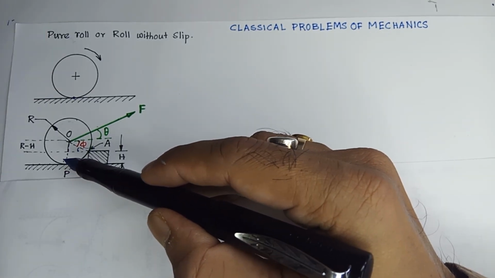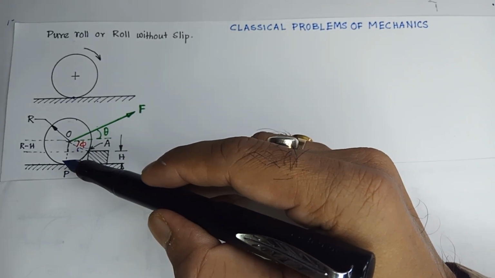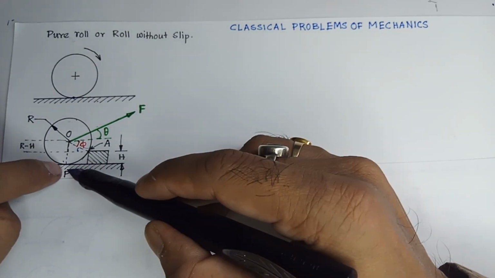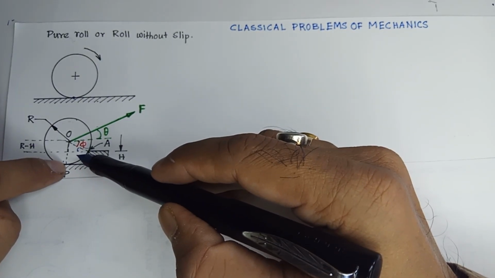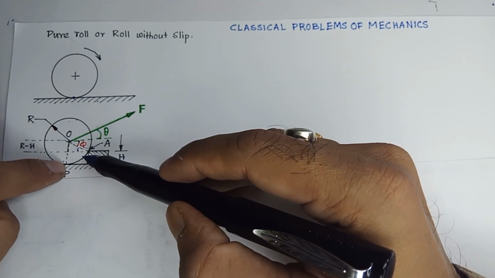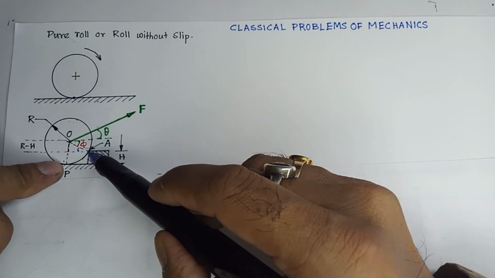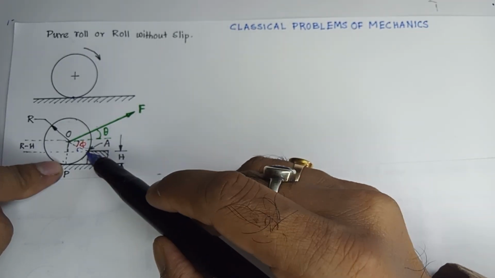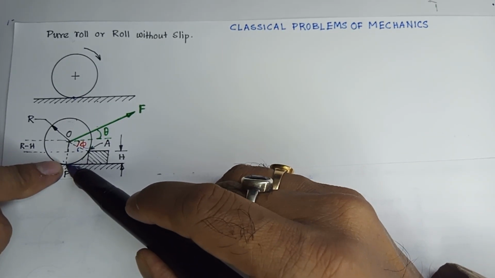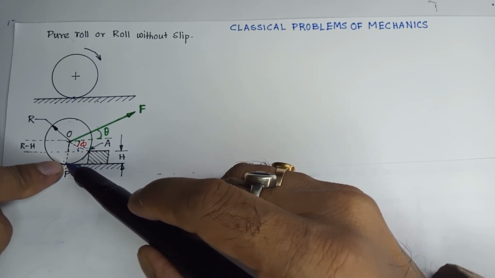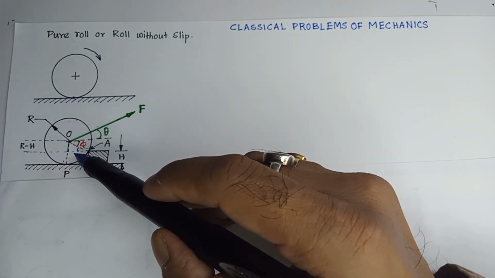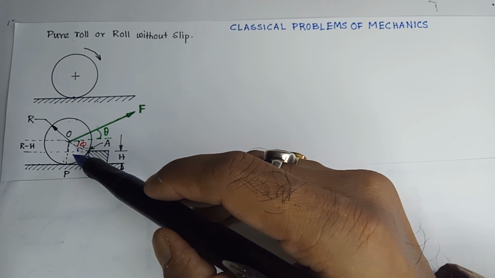That is to be clearly understood, because this is a rigid body. 2 points cannot have zero velocity. That is the concept. If point A has zero velocity, P cannot have zero velocity. So simultaneously, both points cannot have zero velocity.